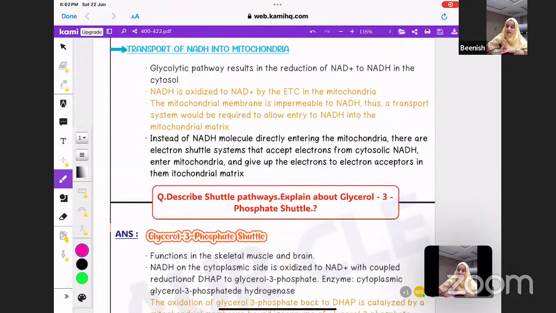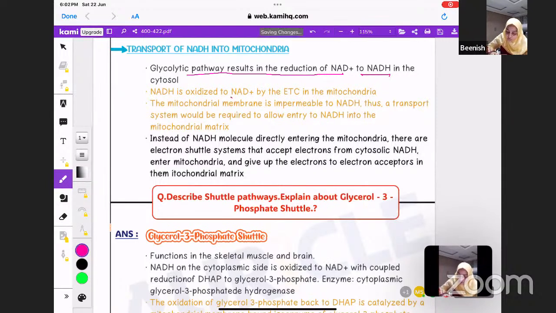Now, another important thing is that NADH is not able to cross the inner mitochondrial membrane, so the electrons it is carrying will not enter the matrix. The glycolytic pathway results in the reduction of NAD to NADH.